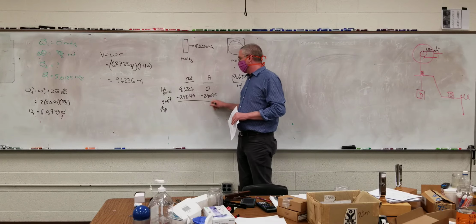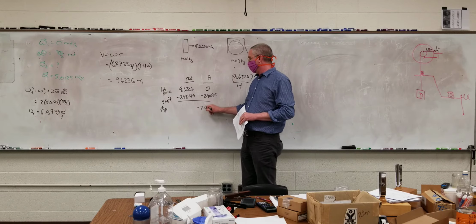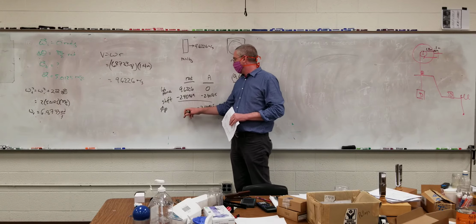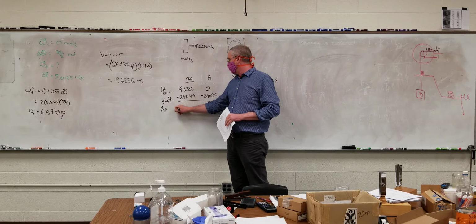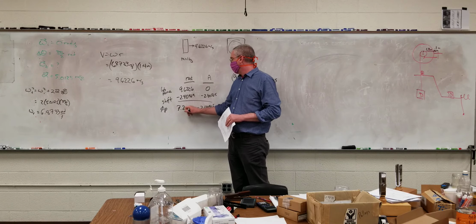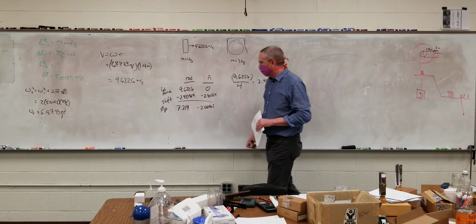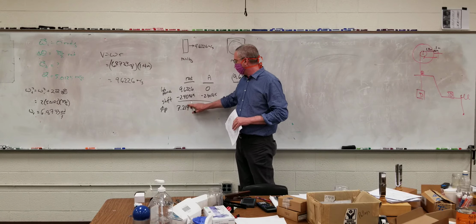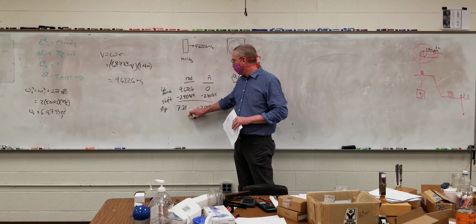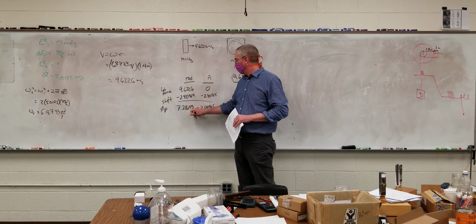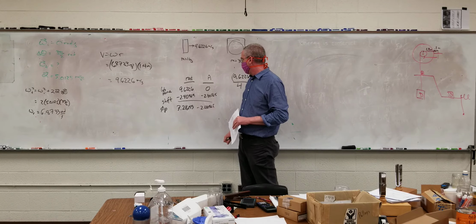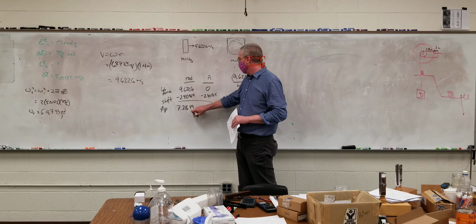And so, well, this one I can do, minus 2.40565. And this one is going to be roughly 7.21695.